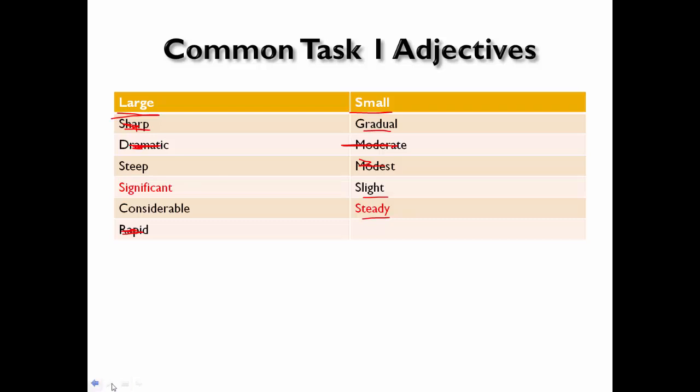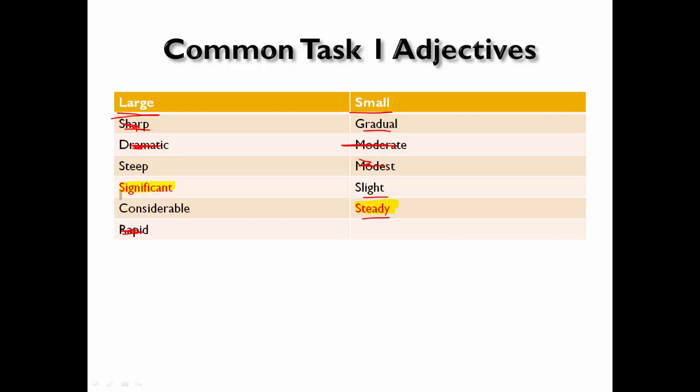There are 2 words that I want to highlight in red: significant and steady. Okay, significant and steady have slightly different meanings to just large and small. So significant, something can be very small, but it is significant at the same time. For example, my son, my baby, is very small, but he is very significant in my life.